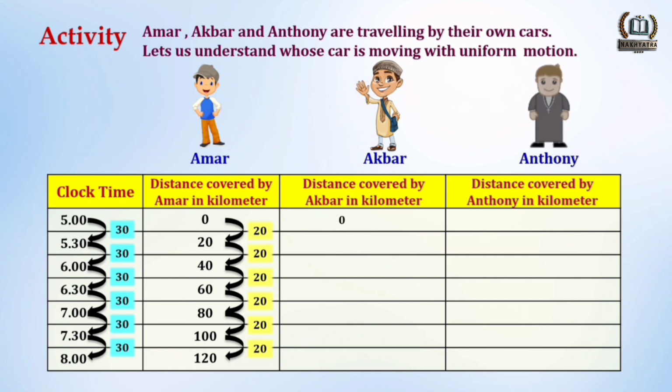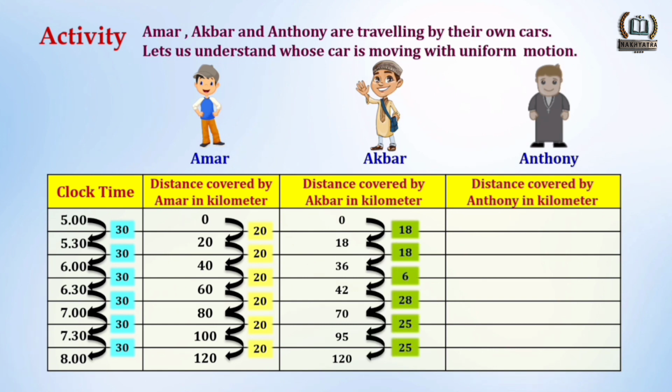Now let's see for Akbar. Starting from 0, 18, 36, 42, 70, 95 and 120. See here, is it the same as Amar? No, his distance has been fluctuating. So it is not traveling equal distance in equal intervals of time. It is traveling unequal distances in equal intervals of time.